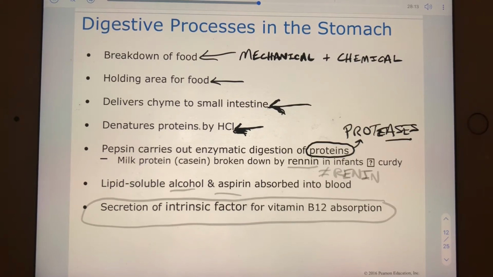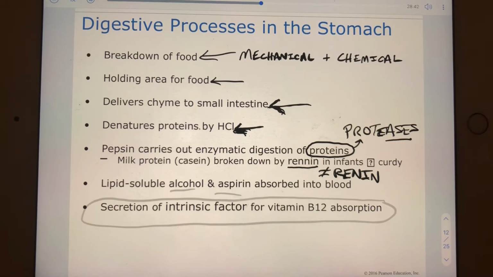When we're infants and we're consuming only milk, possibly breast milk, then the chief protease that we produce is unfortunately called renin, not to be confused with the product of the kidneys. I'm sorry about that. Ew. No fun.